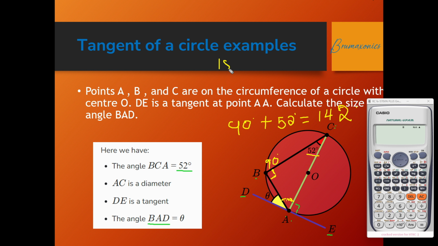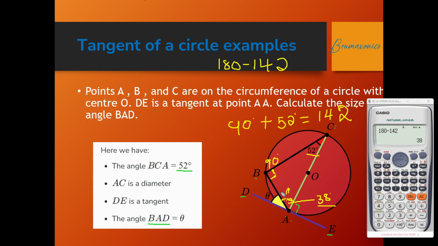So this means that 180 minus 142 should give us the angle here, right? And that will be 180 minus 142, that will be 38. So 38 will be here at this point, 38 degrees, right?